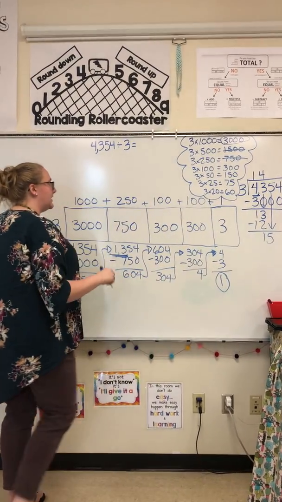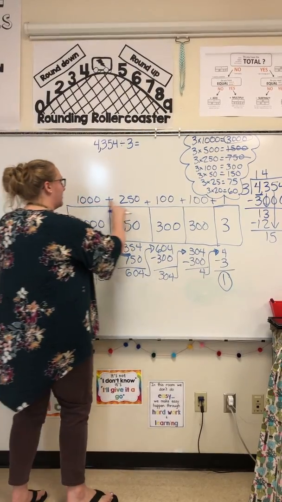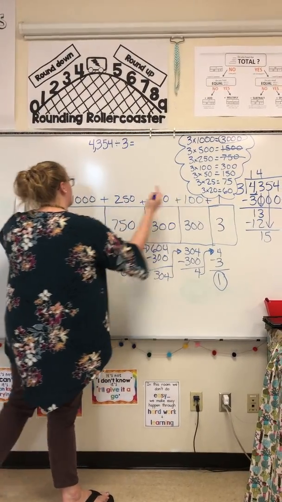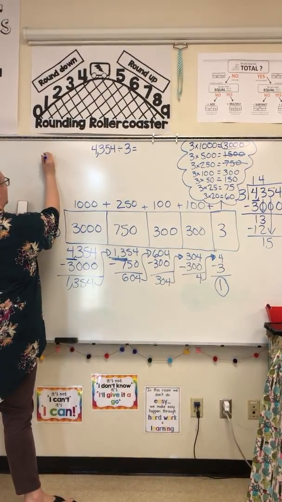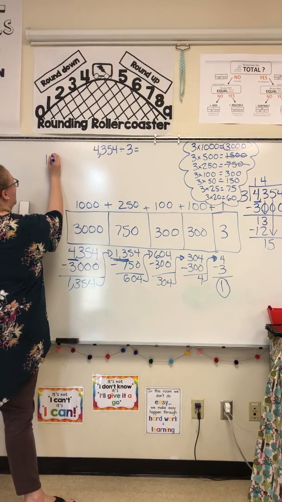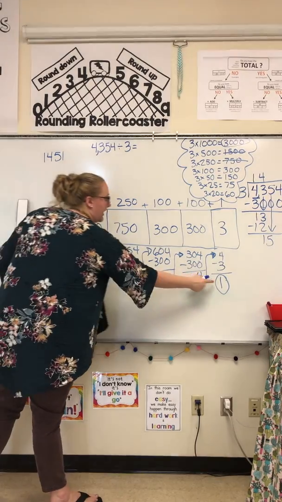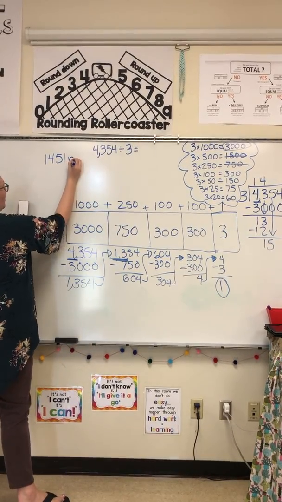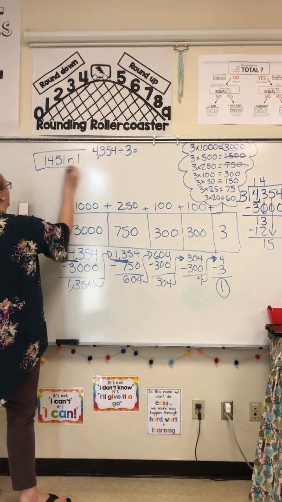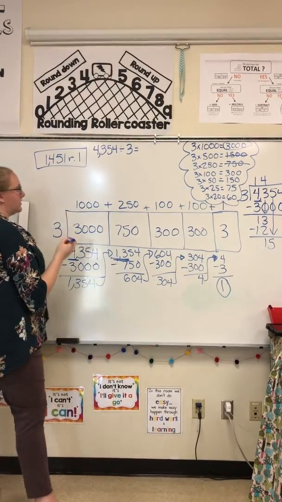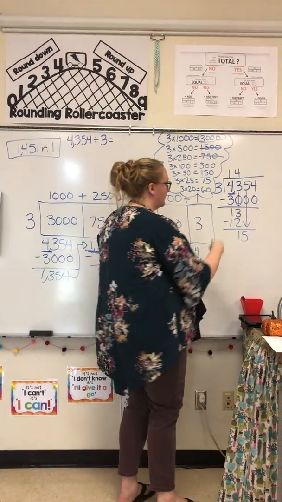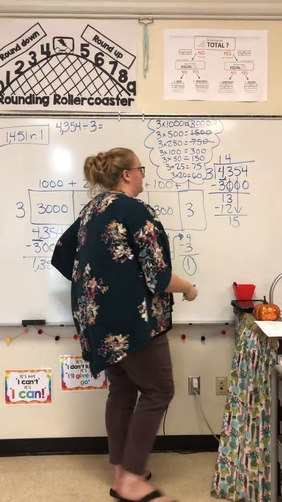So to get their quotient, they would then add up these partial quotients, and it would be 1,451 with a remainder of 1, R1. And this is their answer, okay?